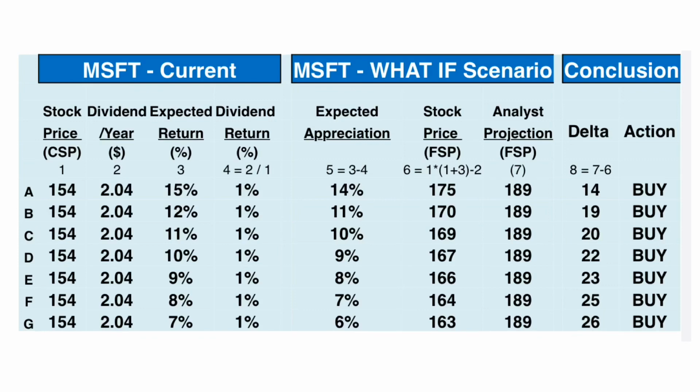Now, let's take a look at column 7, which is the analyst projection. They are saying their projection is that 1 year from now, the stock price would be at $189. So if I compare the analyst projection and my stock projection, our number is lower than the analyst expectation, which is good, because if the analysts are correct, which is an average of all the analysts, then my number is lower, so we should be able to get a good return.